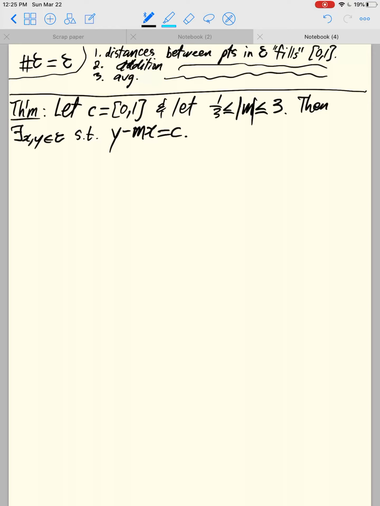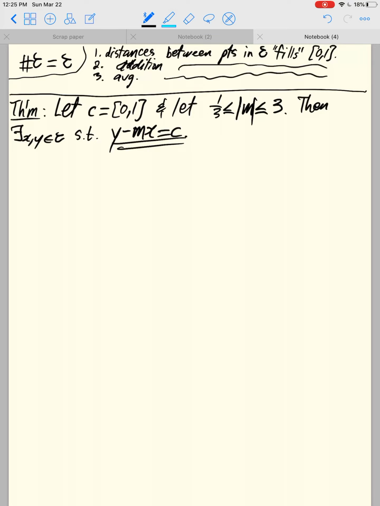So for any c in 0, 1 and any m with absolute value between 1/3 and 3, there are points x and y in the Cantor set such that this equation is satisfied.